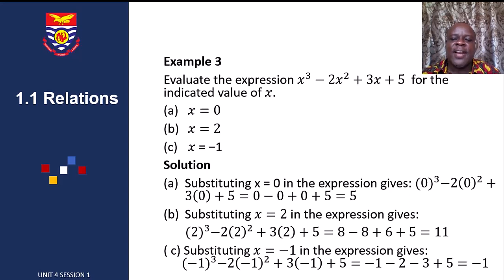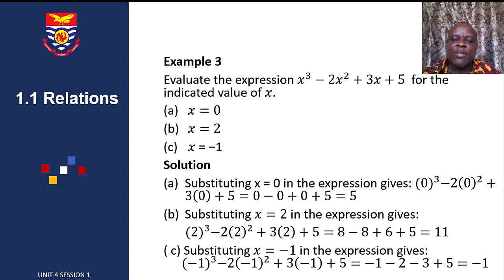And this finally gives 5. We take the second one, and wherever we see x in the expression, we replace it with 2. So we have 2 cubed minus 2 into bracket 2 squared plus 3 into bracket 2 plus 5. When you simplify this, you get 8 minus 8 plus 6 plus 5, and that gives us 11.